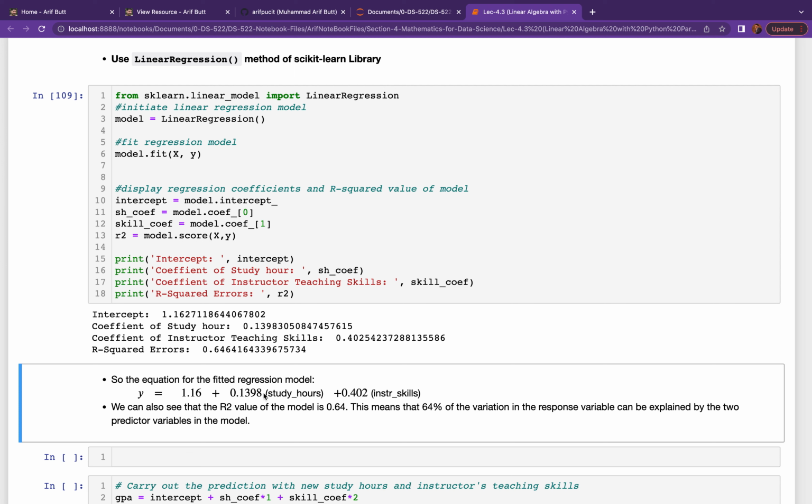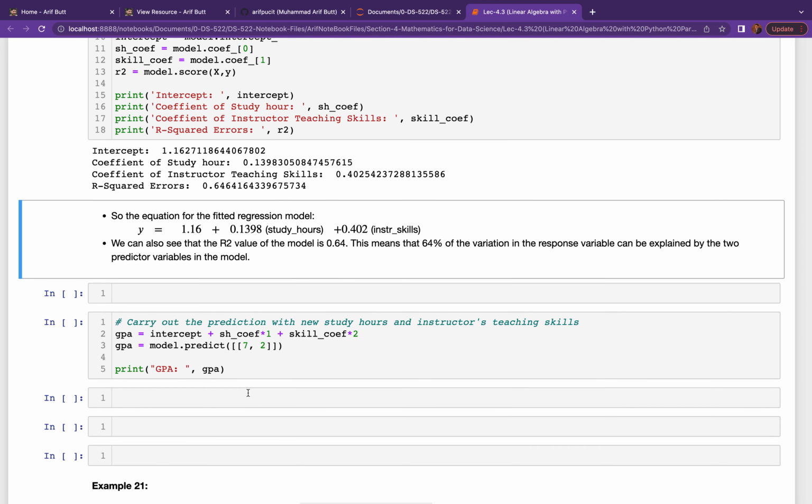So this doesn't seem to be a good equation. For the reason being, you can note that the study hours do not have a proper impact value on the GPA. And the instructor skill does have a reasonable value, 0.402, but the study hours has a very small value.